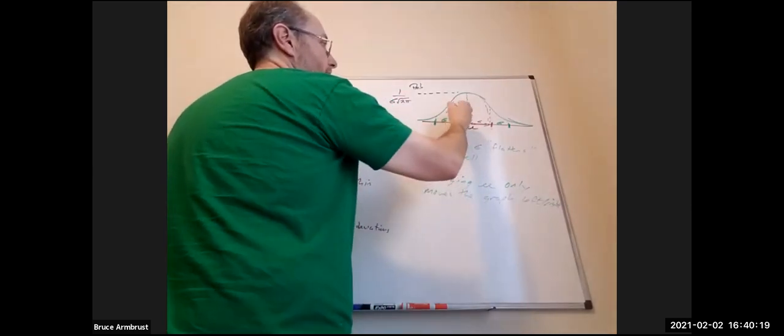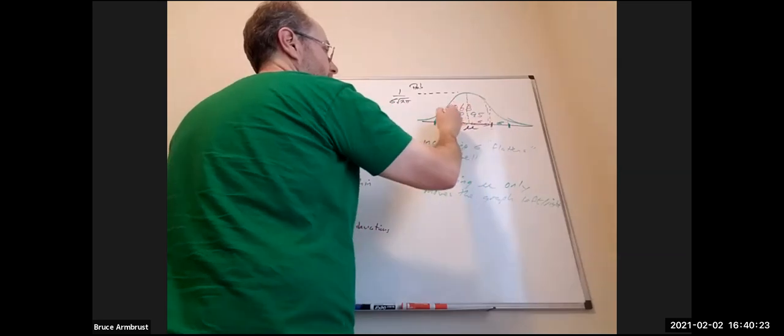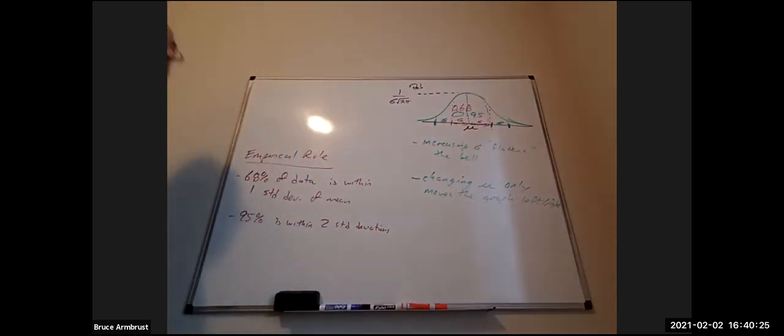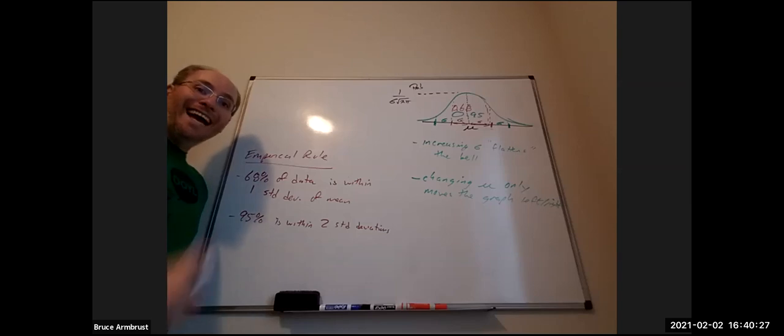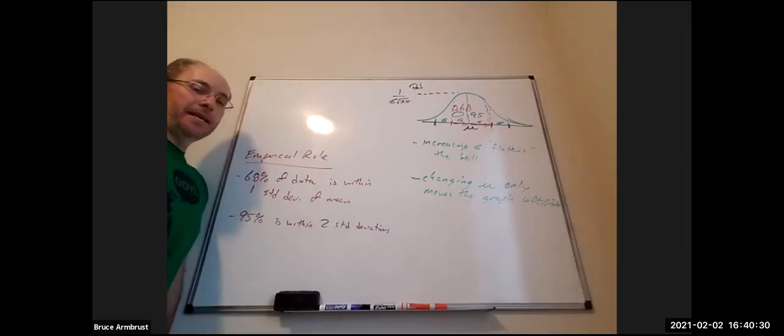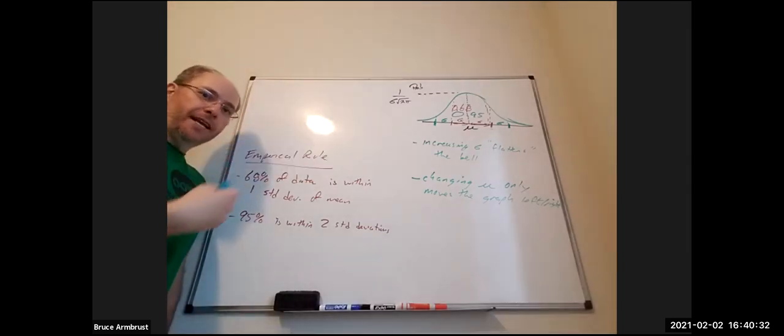So now if you look at that total area, it is going to be 0.95. So 95% of the data is between 2 standard deviations above and 2 standard deviations below the mean.